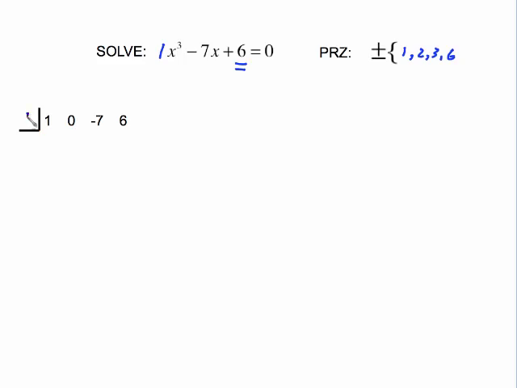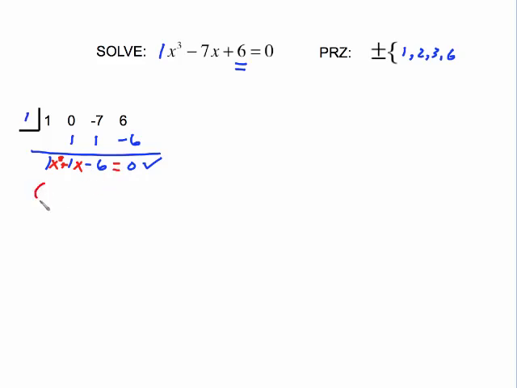So I'll start with 1, bring down my 1, draw my line, and start my synthetic. 1 times 1 is 1, add to get 1, 1 times 1 is 1, gives me negative 6. 1 times negative 6 is negative 6, add and get 0. So right off the bat, we found one that worked. Fill in your variables. This is x squared plus 1x minus 6.